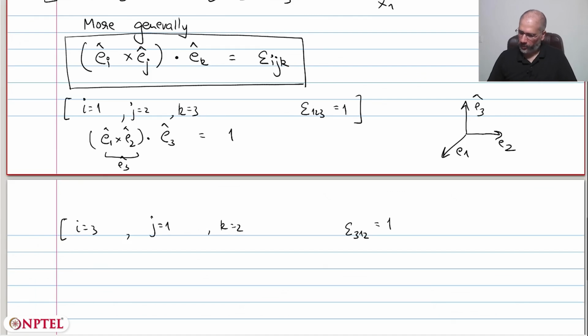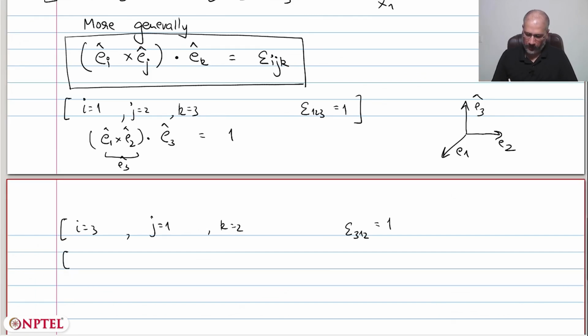So e3 cross e1 is an e2, and e2 dot e2, because k is 2, is equal to 1. So this still works. Of course, it should work because it's an identity.